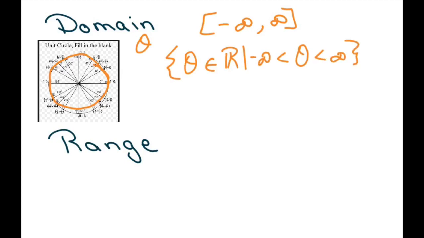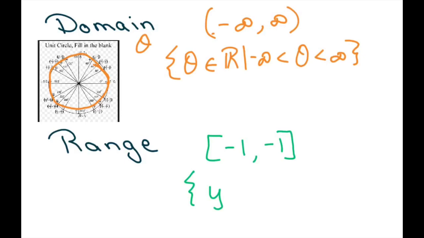All right, and then for your range, remember we talked about that. Your range goes from -1 to 1. It can equal -1, so use the closed bracket. Oh, what did I do here? This should be open. You can never equal infinity because infinity is not a number. And then for your set notation, you go y, or you could say f of theta, which is your y.